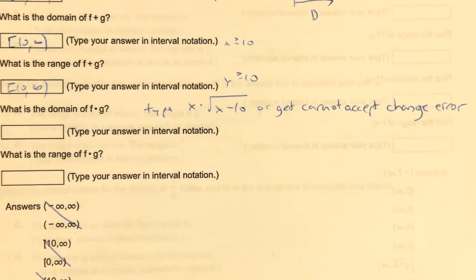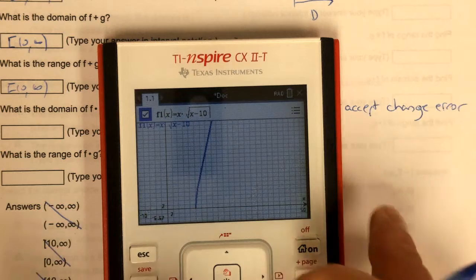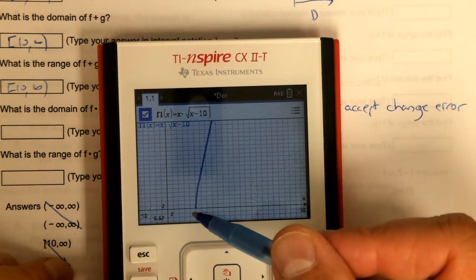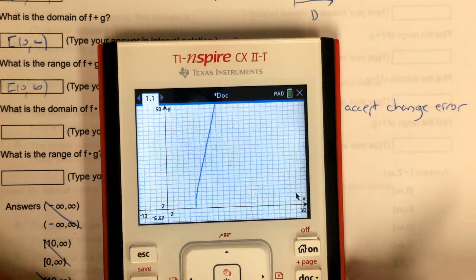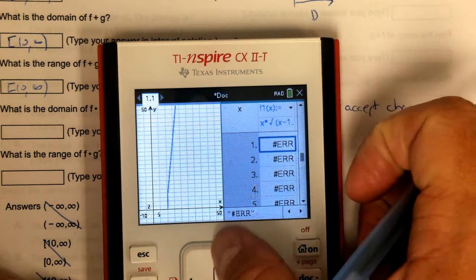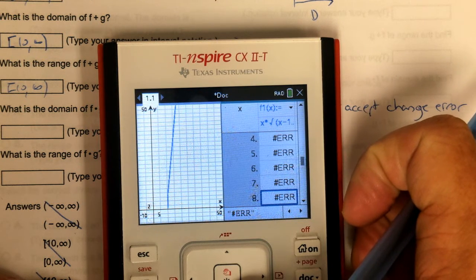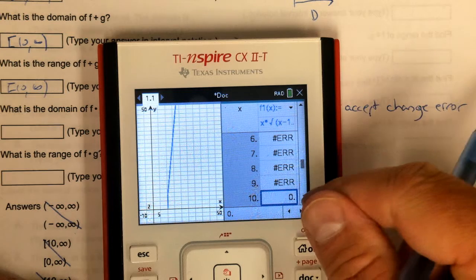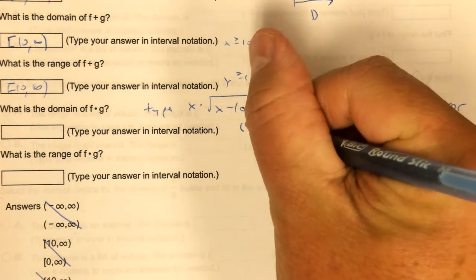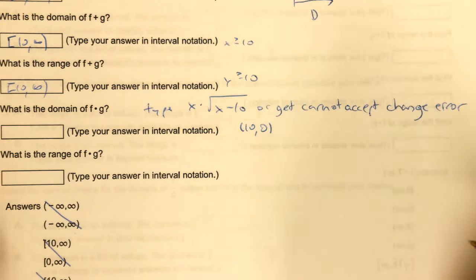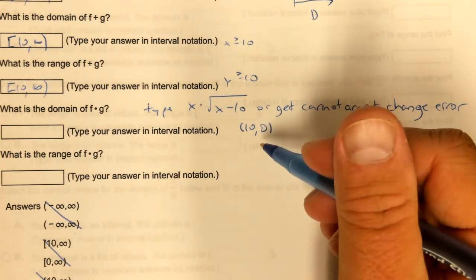Okay, so when we look at our domain, it looks like it's from that point on to the right and from 0 up. So let's look in our table. Okay, so 10, 0. That'd be our point.